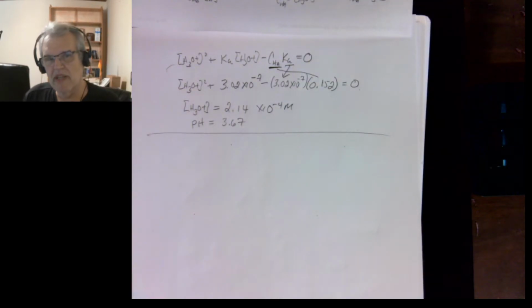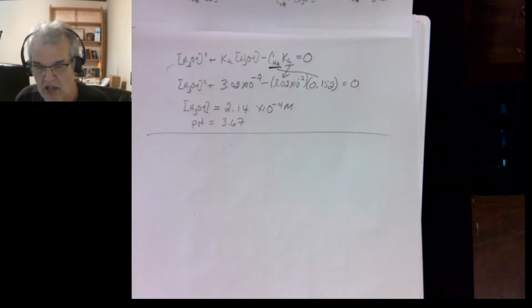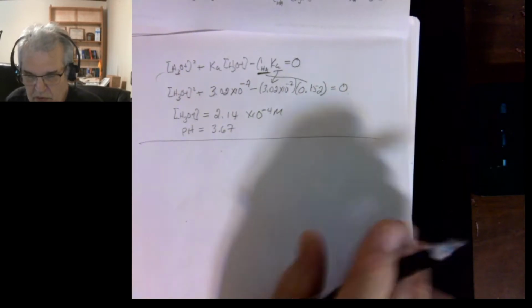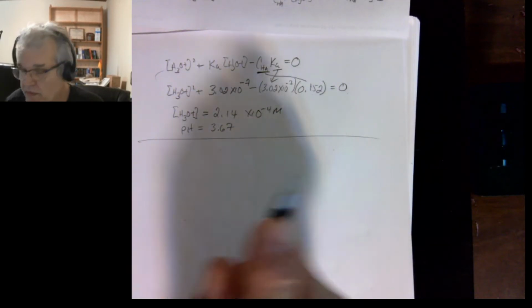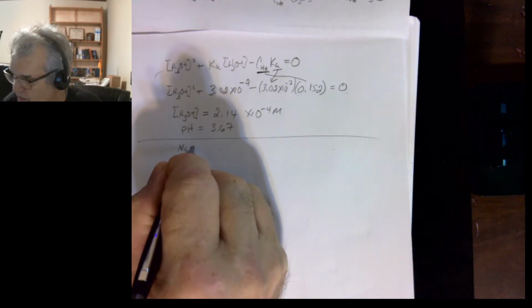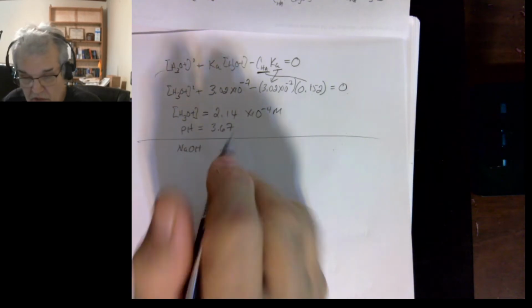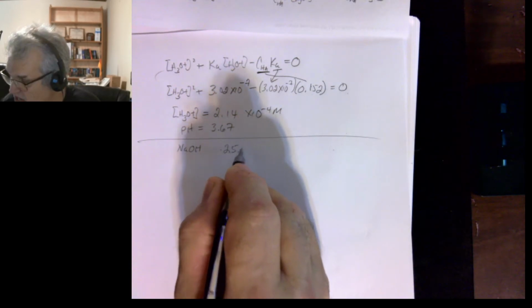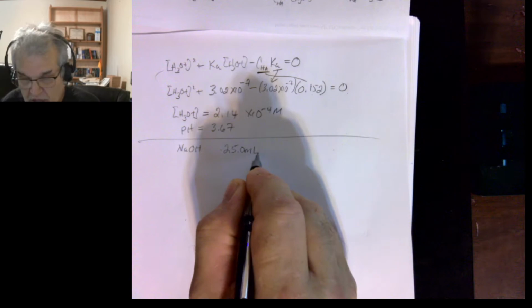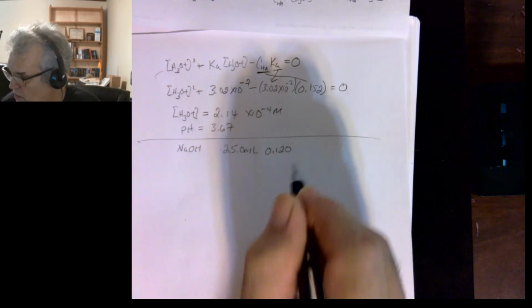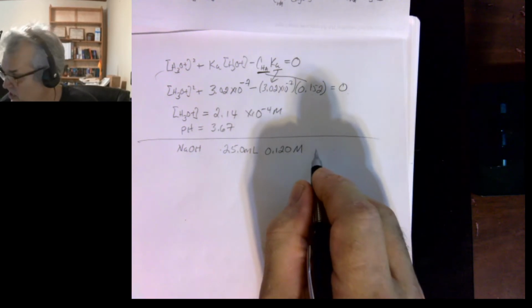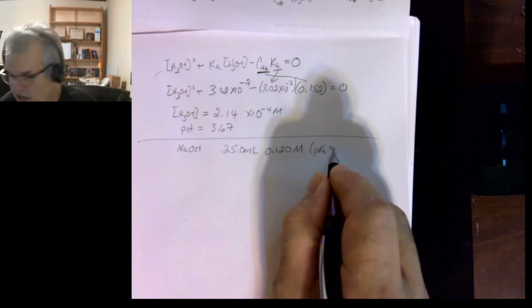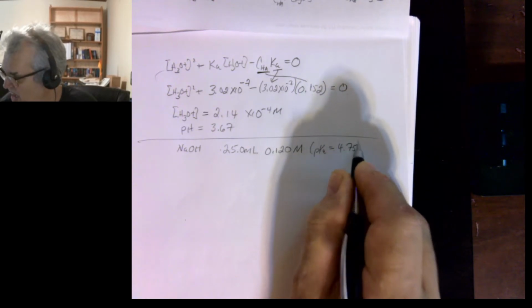So let's look at an example that has to do with what we're doing today, kind of. You could use this to determine what the pH was going to be along the equation. Let's see what happens when we add a strong base, sodium hydroxide, to a weak acid, okay? So we're going to calculate the pH of 25 milliliters. In this case, we need to know the volume. 25 milliliters of a 0.120 molar solution of acetic acid has a pKa equal to 4.75.